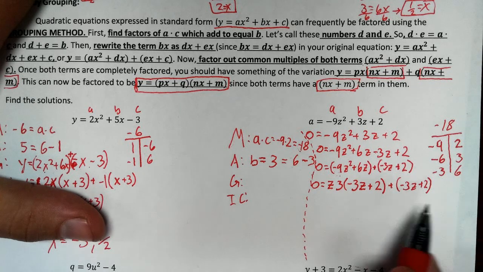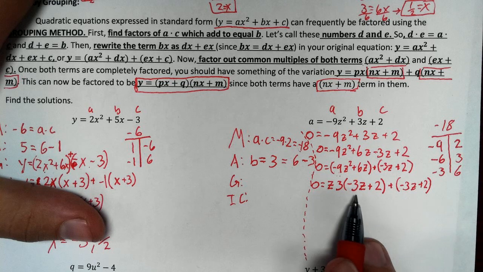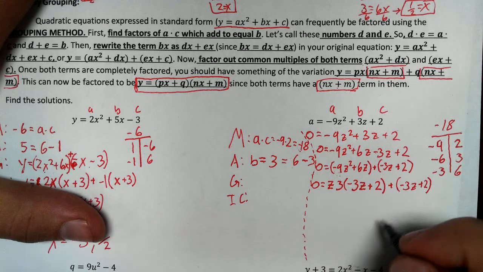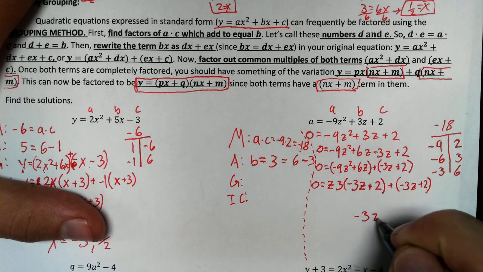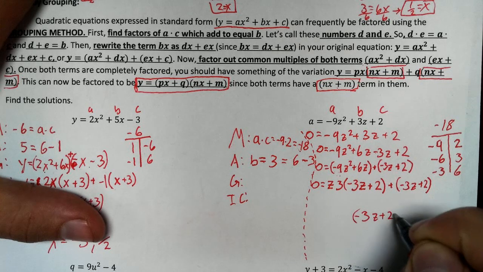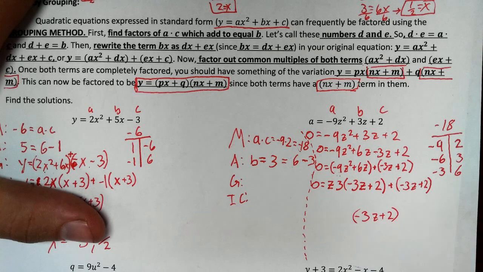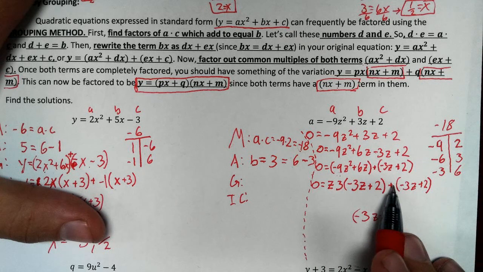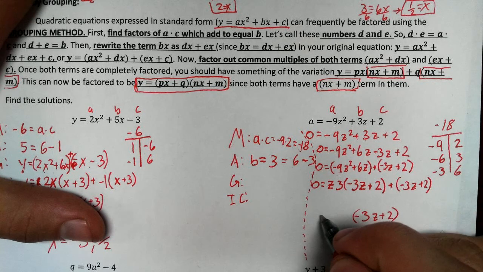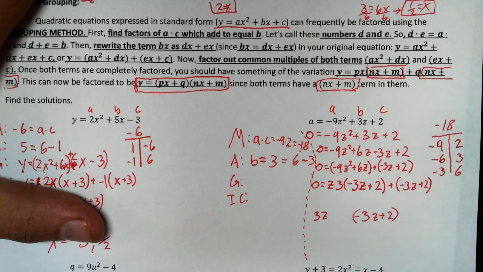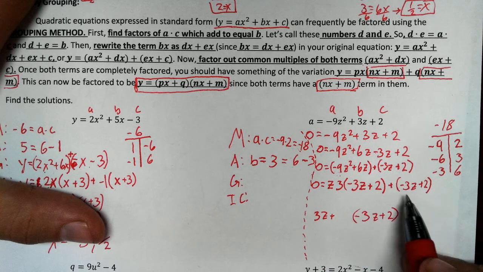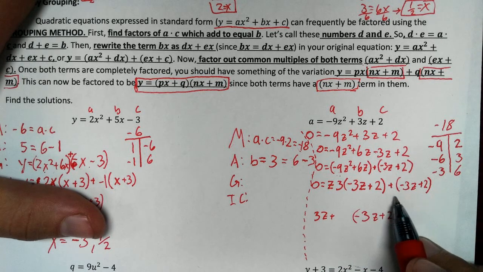Okay, so let's go ahead and pull out our factor of negative 3z plus 2. And then what's left behind? What are the numbers in front that are being added? Well, we have 3z plus, oh, we don't have anything over here. So what would that number be?